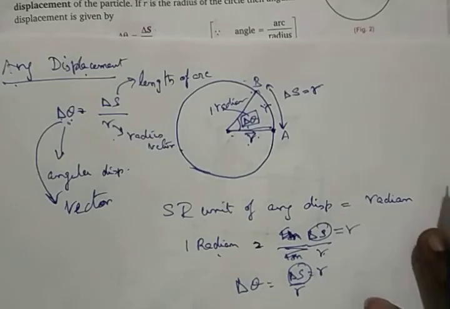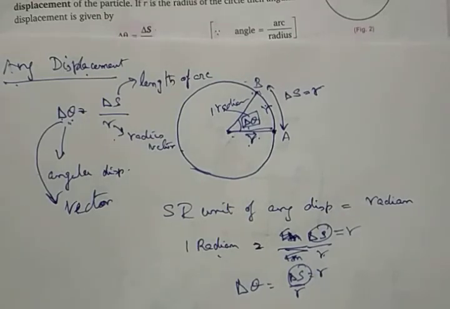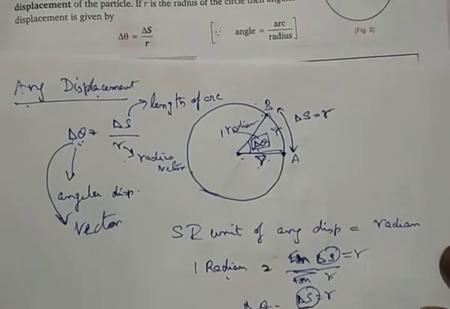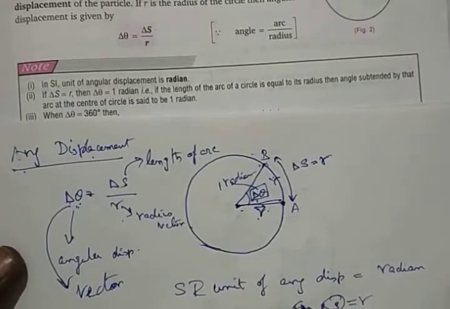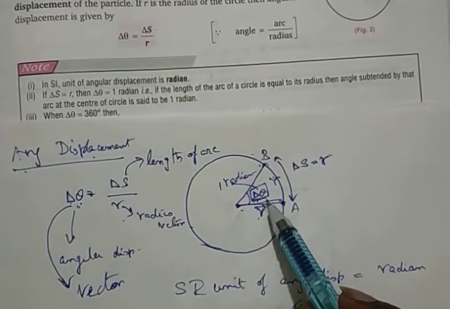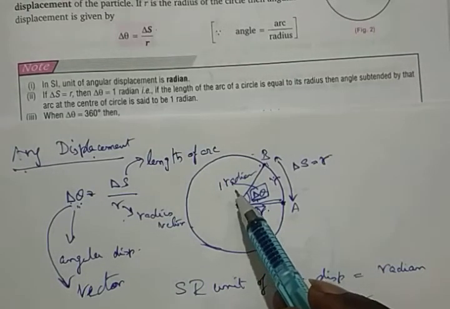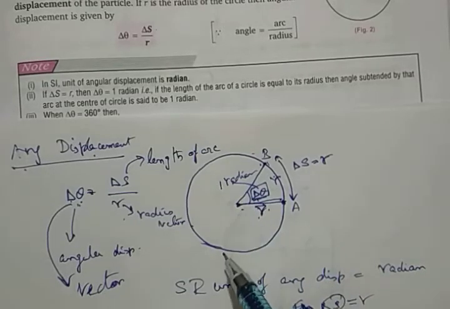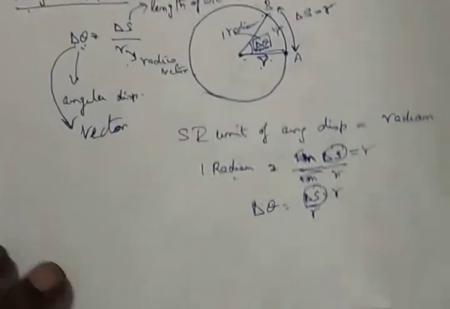So how would you write 1 radian? Please write down, 1 radian is defined as the length of the arc of a circle is equal to the radius. Then the angle subtended by the arc, delta theta, is said to be 1 radian.